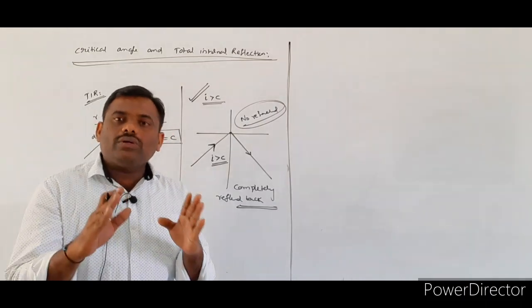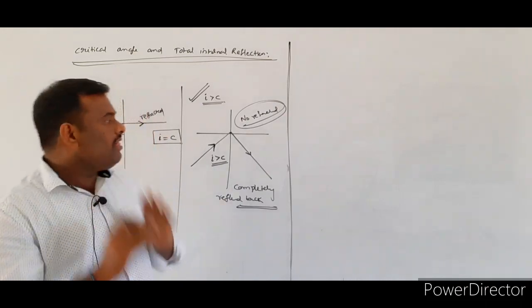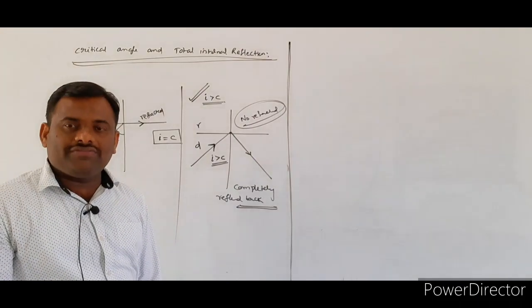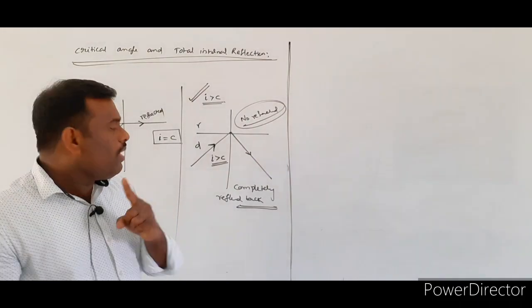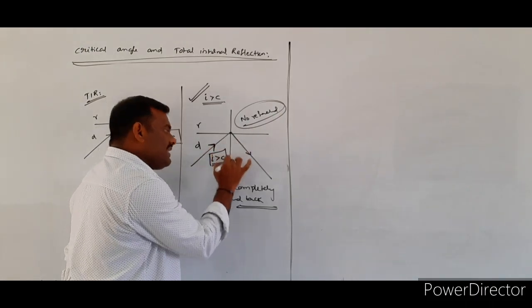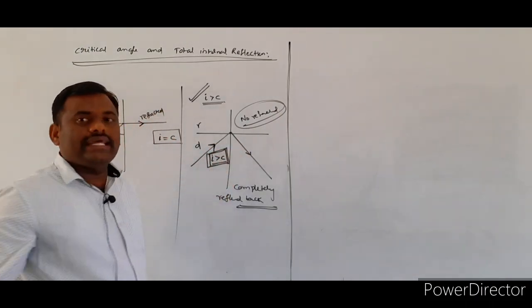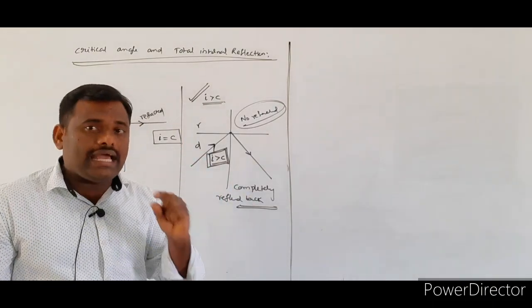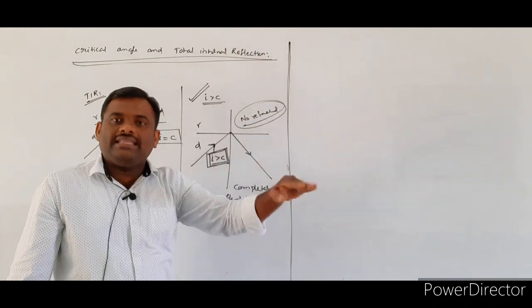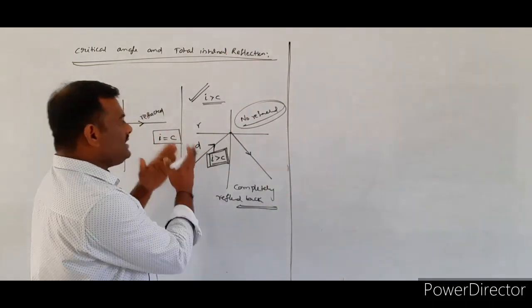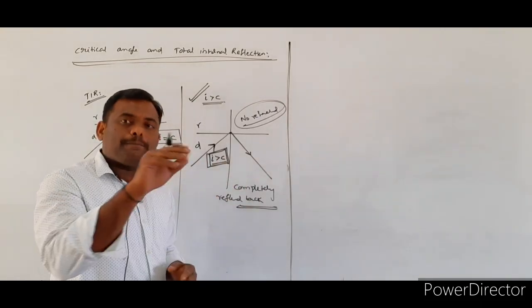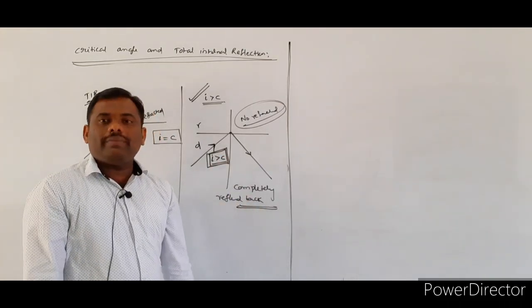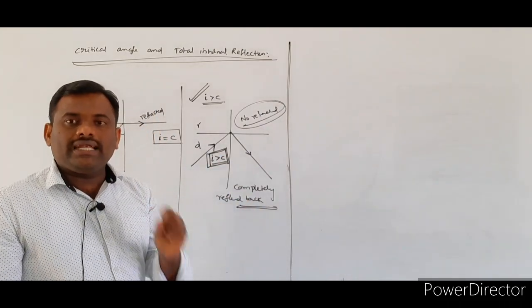Once again, total internal reflection takes place when light rays travel from the denser medium to the rarer medium, and the angle of incidence in the denser medium is greater than the critical angle. We can't find any refracted ray in the rarer medium, and the incident light is completely reflected back within the same medium. Such a phenomenon we call total internal reflection.